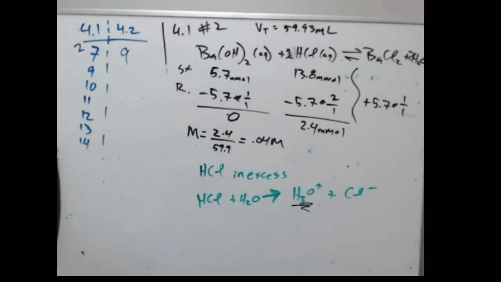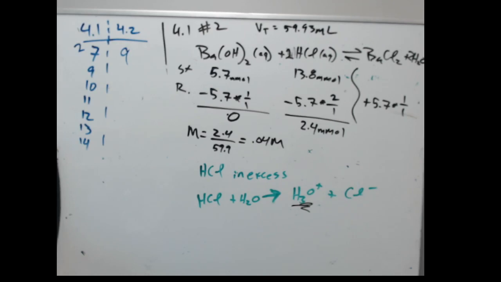Normally what we've seen in class the last few days is we've done some chemical reaction with base, and then we do an equilibrium afterwards because we've got a weak acid conjugate base system. Here, after the reaction, sure, I've got barium chloride in solution, but barium ions and chloride ions don't really have any equilibrium for forming barium hydroxide or hydrochloric acid.